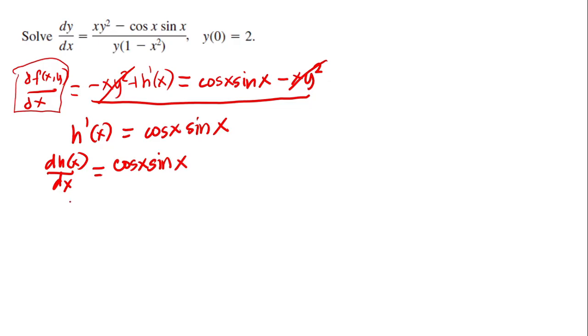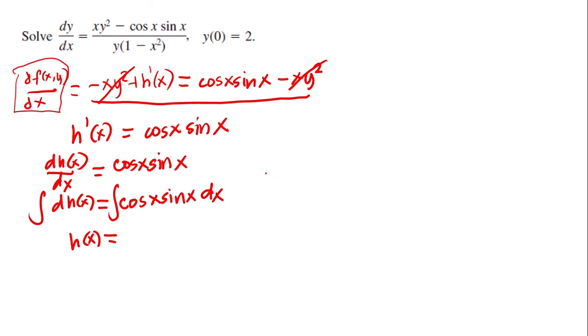Then we transpose dx to the right hand side of our equation. We have dh of x equals cosine x sine x dx. Then we integrate both sides so that we can get the value of our h of x. So we have h of x on the left hand side.